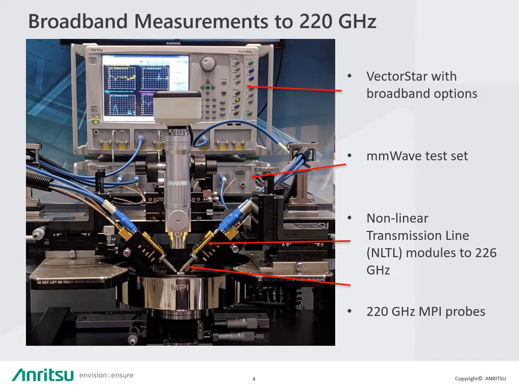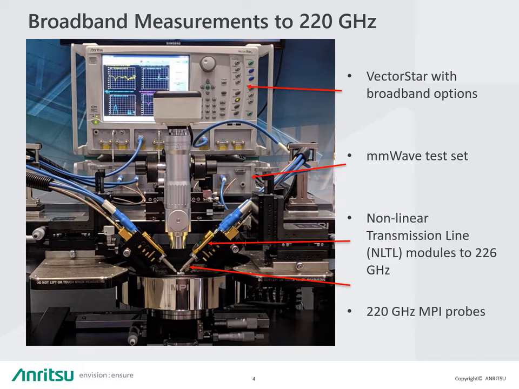So this is an example of this system configuration. We are using the VectorStar as the baseband VNA, and this particular model can sweep up to 70 gigahertz, but in the broadband configuration we only needed to sweep up to 54 gigahertz. So the VectorStar in this case is sweeping from 70 kilohertz to 54 gigahertz and then switching over to the millimeter wave test set.